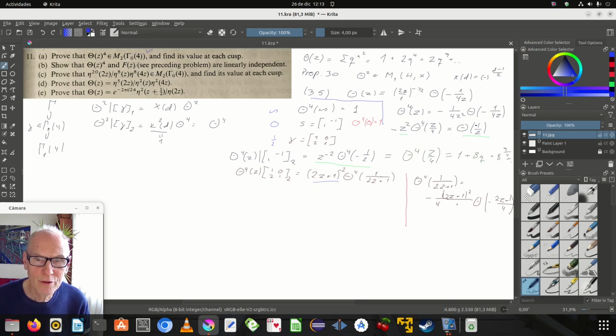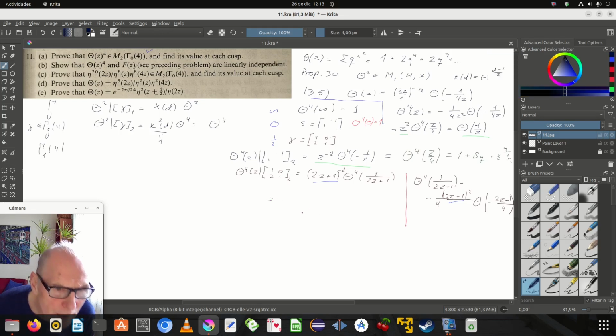Then these two will cancel. And we get, isn't that blue? No, that's black. Minus 1/4 side 4th of minus z halves plus 1/4.